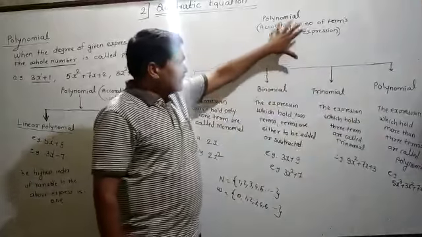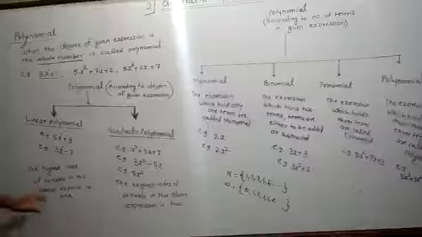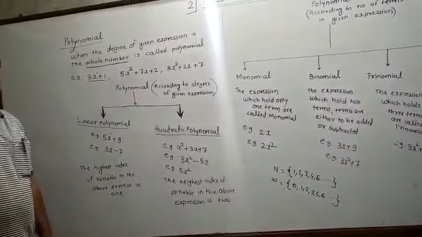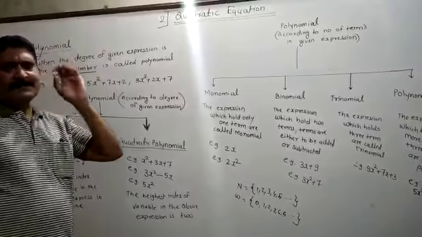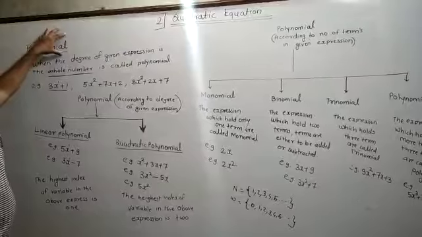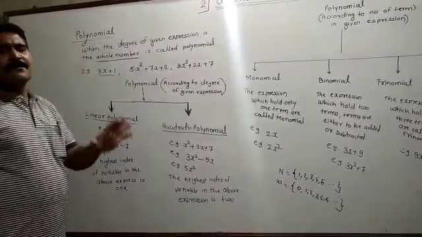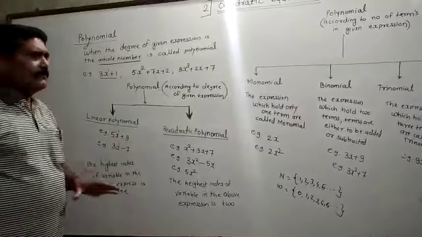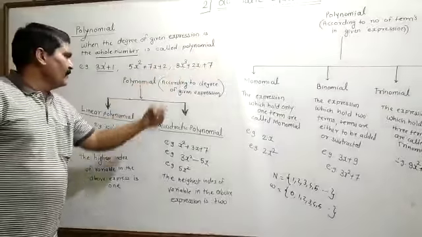This classification is according to the number of terms, and this classification is according to the degree of the polynomial. Everybody understand? Before I start this lesson, the basic concept is the definition of the polynomial: the expression in which the degree of the expression is a whole number is called the polynomial. These are examples of the polynomial.